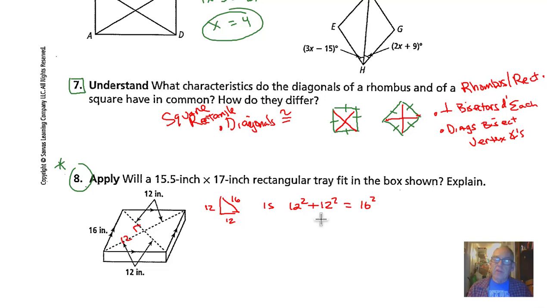I really doubt it. 12 squared is 144. The other 12 squared is 144. 16 squared is 256. And 144 and 144 is 288. So 288 is not equal to 256. Since a squared plus b squared is not equal to c squared, this is not a right triangle, which means these are not right angles, which means this is not a rhombus, which means this is merely a rectangle with one side of 16.